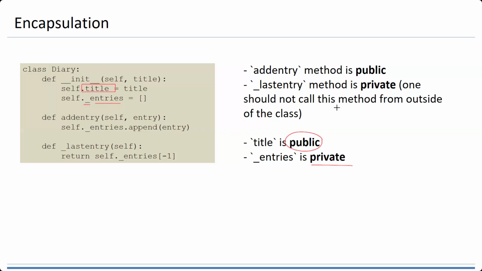When it is private data, it is only accessible in this class. So from another class, you cannot access or call it. One should not call this method from outside of the class. So you can see here, the data is private because we have an underbar, and we also have a method with an underbar. So this is also a private method.